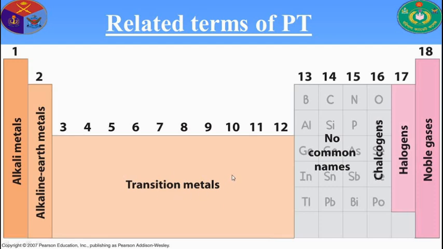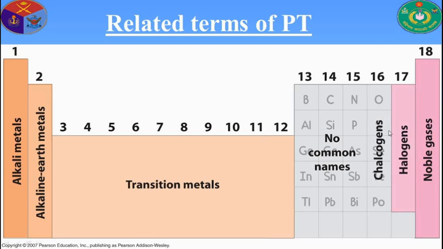Especially the elements of group 11, which include copper, gold, etc., are known as coinage metals because most coins are produced from these metals.